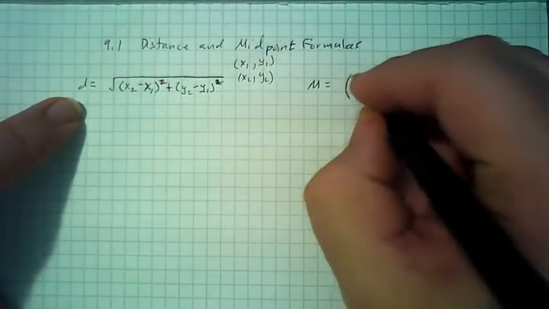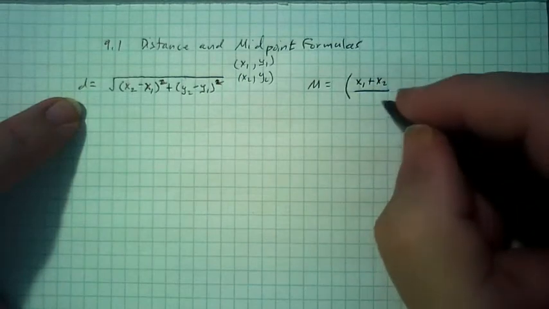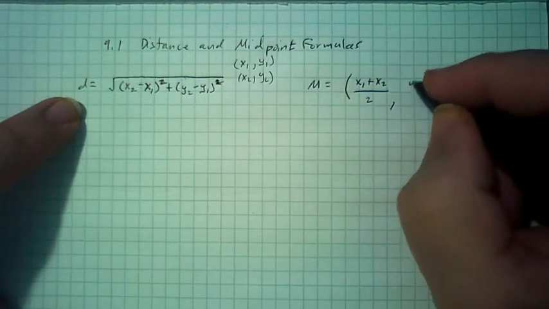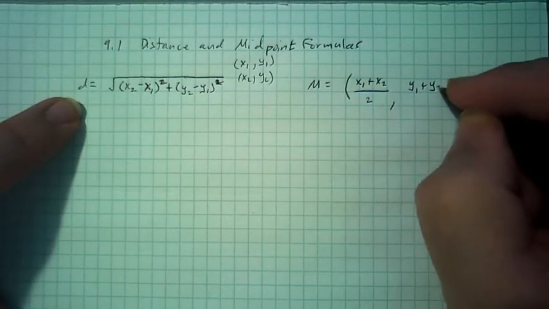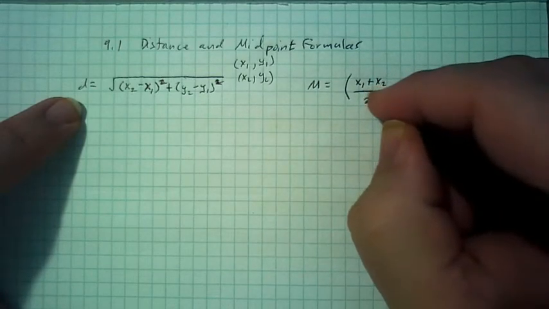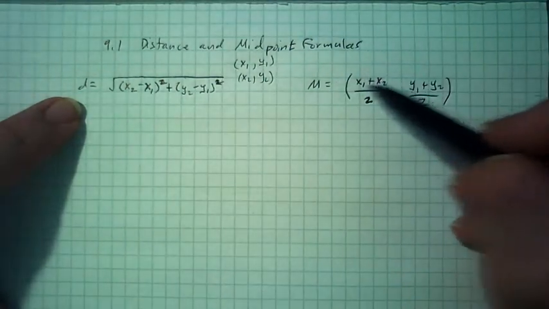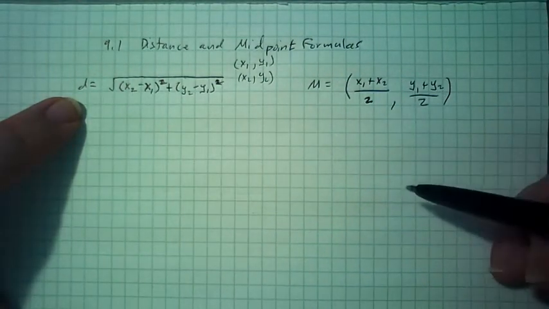So you take the x's, add them together, and divide by how many there are. Well, there are 2. And you do the same thing with the y's. You could remember this as y2 plus y1 if you wanted to keep it similar to this one. The order doesn't matter again because addition is commutative.